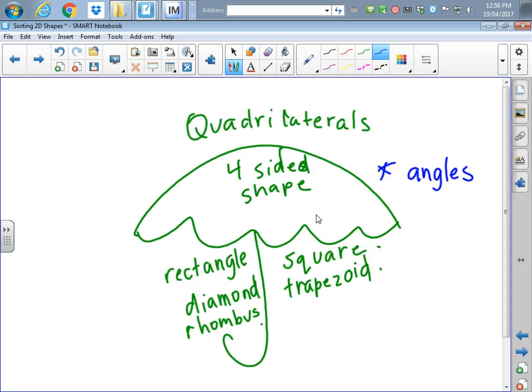What could we look at with the sides? If they're parallel. Yeah, if they're parallel. So we could look at if the sides are parallel or not. Some shapes have 2 sets of parallel lines. Some quadrilaterals have 1 set of parallel lines. Okay?